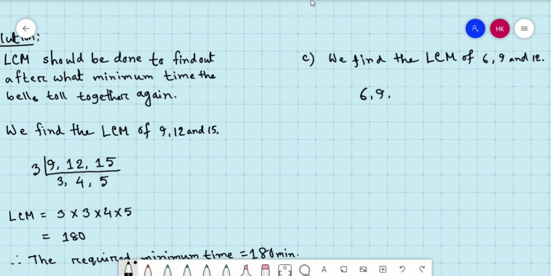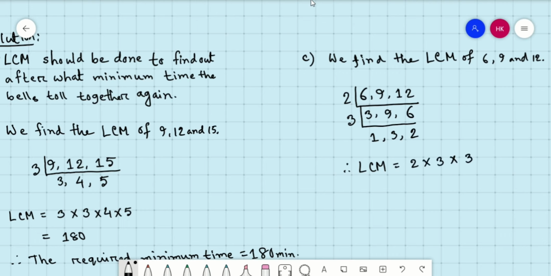Now if we use Euclid's method, for 6, 9 and 12, there are two even numbers, so we divide at first by 2. 2 3s are 6, 9 will be as it is, and 2 6s are 12. Now we can divide by the next prime number, that means 3. 3 1s are 3, 3 3s are 9, and 3 2s are 6. So the LCM of these three numbers is 2 times 3 times 3 times 2.